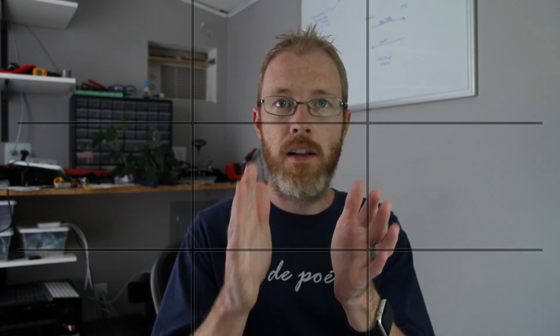So keeping your speaker slightly off center is actually much more interesting and will engage the audience who's watching much more than putting them dead center and shooting them right on. So rule of thirds, put the interesting points, typically the speaker's face, right there on one of those intersections, and keep the extra space off to the other side.